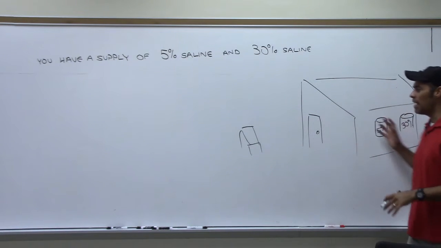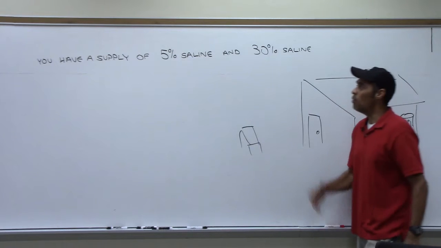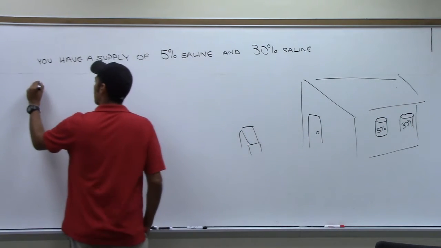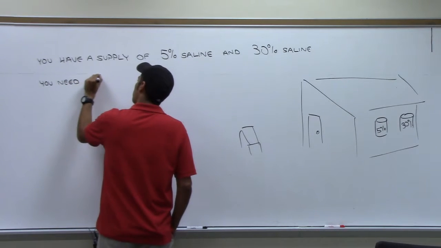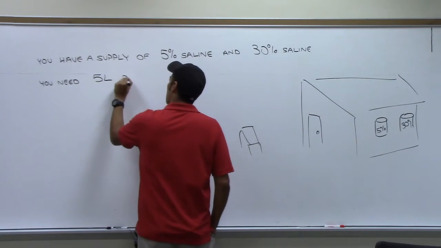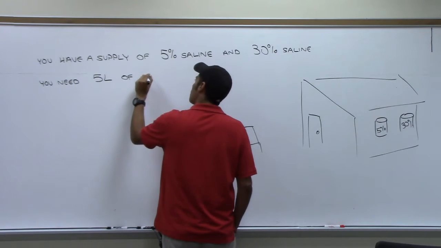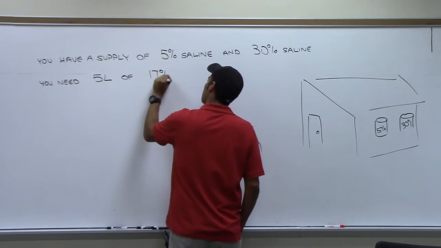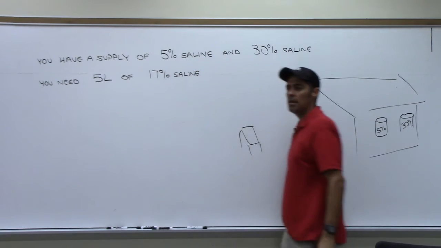So someone's got to run to the back and get these two things, and they're going to mix them together. And what we want is this. You need 5 liters of 17% saline. That's what I need to make.